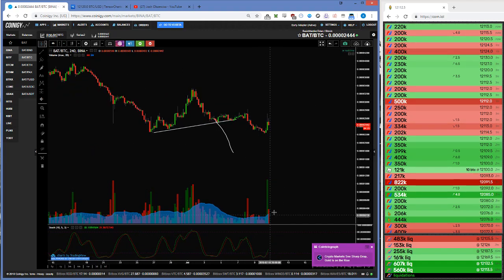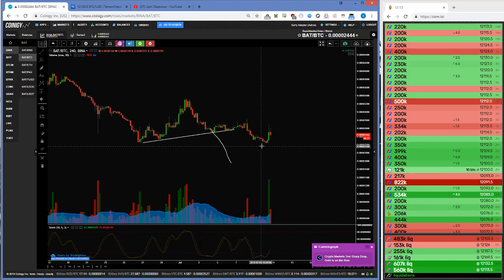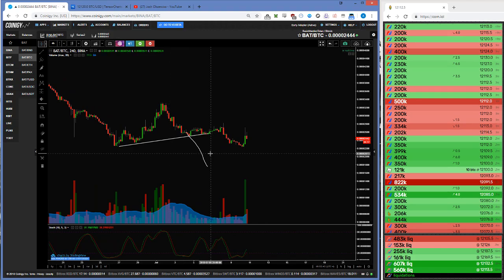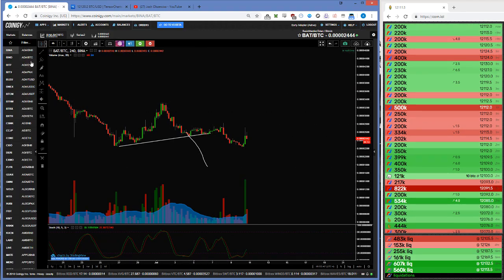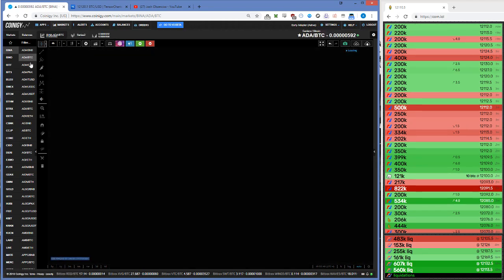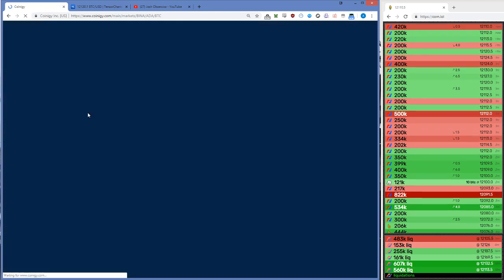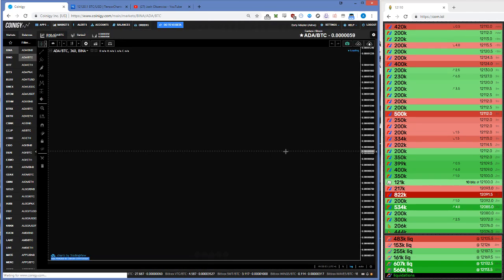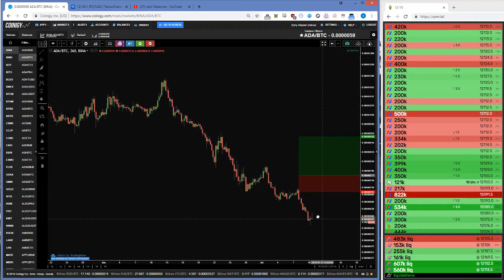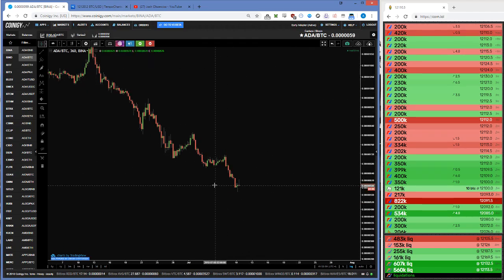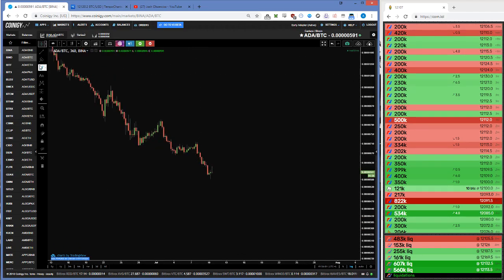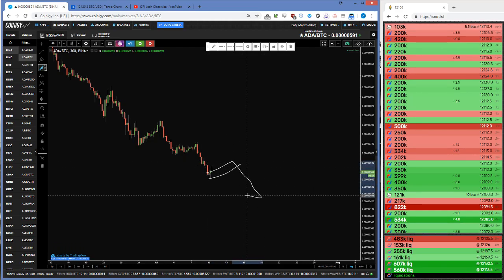It's a cool volume candle. They just keep breaking lower, painting bear flags, breaking down again.